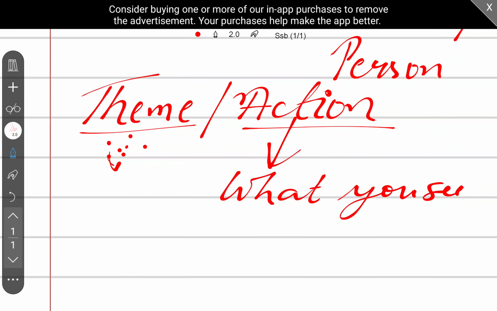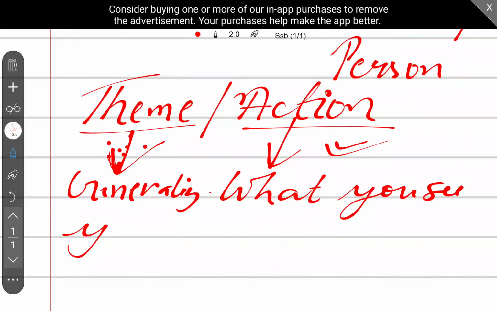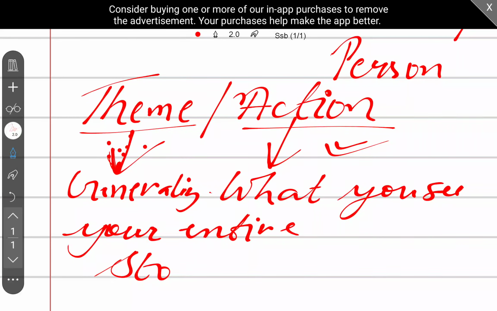In the next video I will take examples also, but in this video I'm explaining the content you have to write in your PPDT answer sheet. The theme generalizes your entire story. That's about the theme and action.